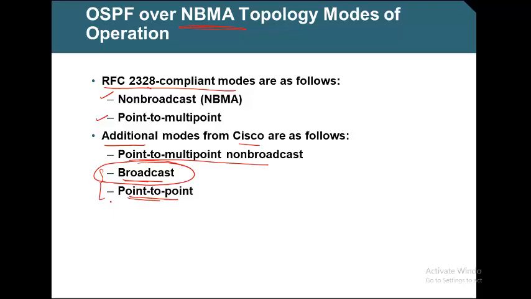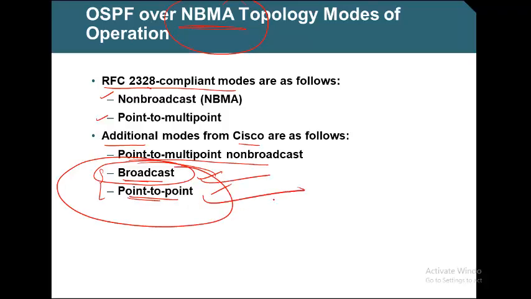So even though you have a non-broadcast environment, you will get the output as you get in a normal Ethernet environment and normal PPP or HDLC environment. Anyway, we are going to go in detail later. These are the 5 network types under NBMA: non-broadcast, point to multipoint, point to multipoint non-broadcast, broadcast, and point to point.